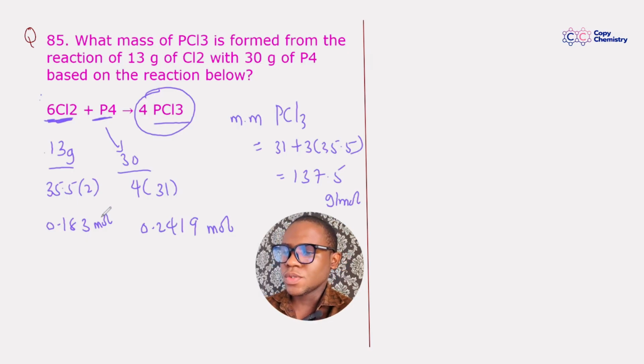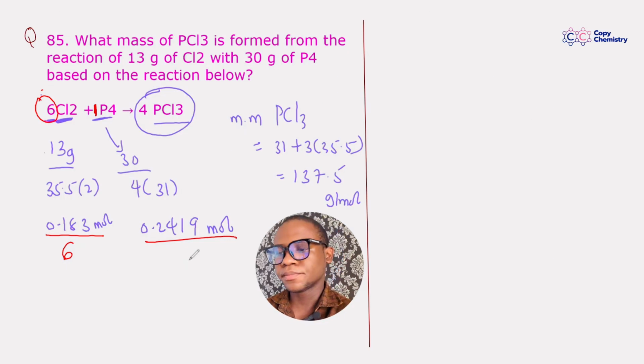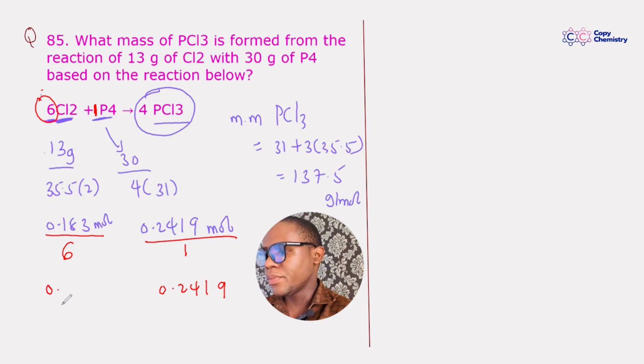So how do we know our limiting reagent? Again, we divide this mole by this number here and divide this one by the number in front of P4, which is 1. So this will just give you 0.2419. Nothing has changed.